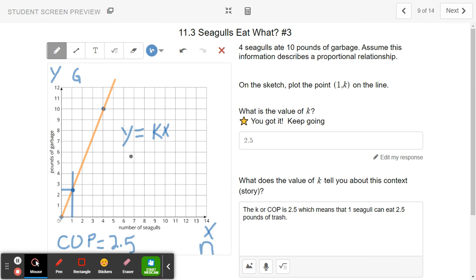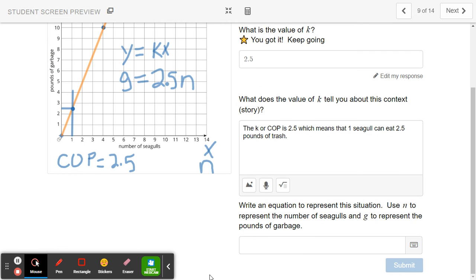So instead of y, they're saying that the garbage is equal to the constant of proportionality, which is 2.5, times x, which isn't x, it's the number of seagulls. This should be the equation that works, right? So let's see here. g equals 2.5n.